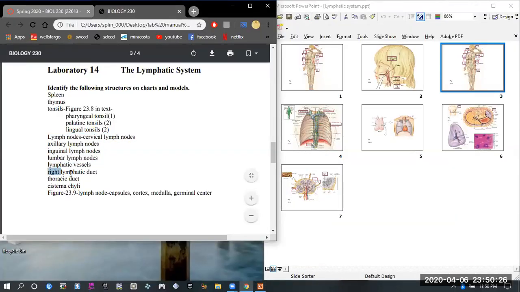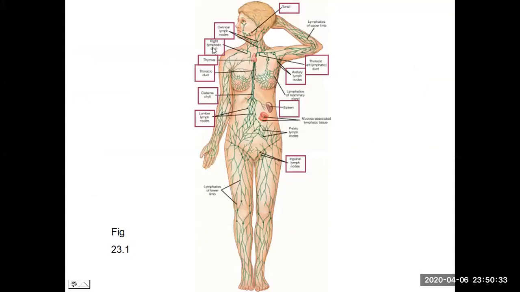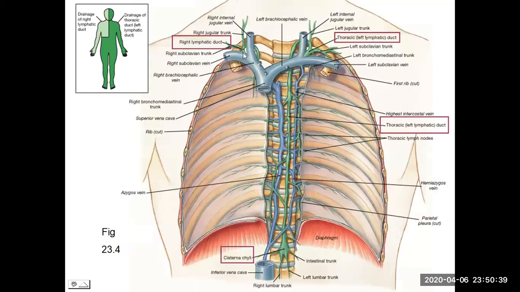And now for the detail of the lymphatic duct structures. They are shown on this general view. So you can see a right lymphatic duct, a thoracic duct, but a better view, of course, larger. Again, right lymphatic duct connected to that right subclavian vein, and opposite of that, the thoracic duct.